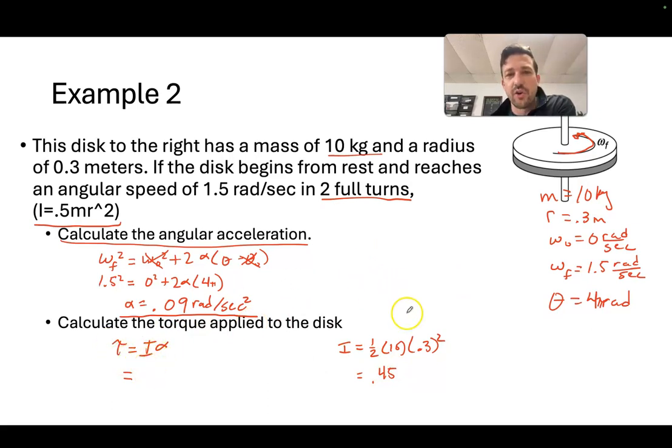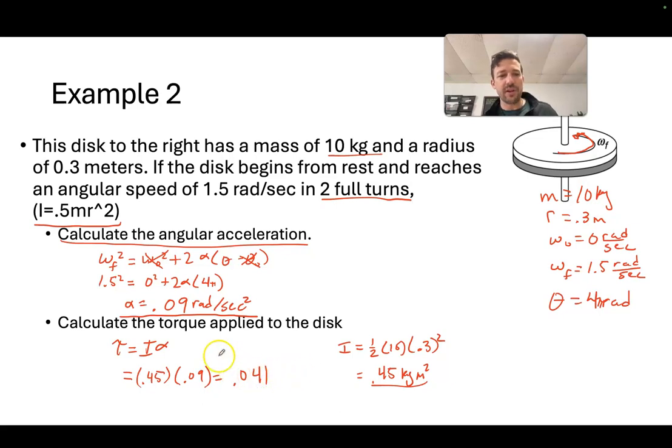We should put the units on there in case you guys are confused on the units. Remember, mass is in kilograms, and radius is in meters, and it's being squared, so it's kilograms meters squared. That's my units for moment of inertia. So I'm going to do 0.45 times the angular acceleration, 0.09, and this comes out to 0.041, and we need to put the units on here.